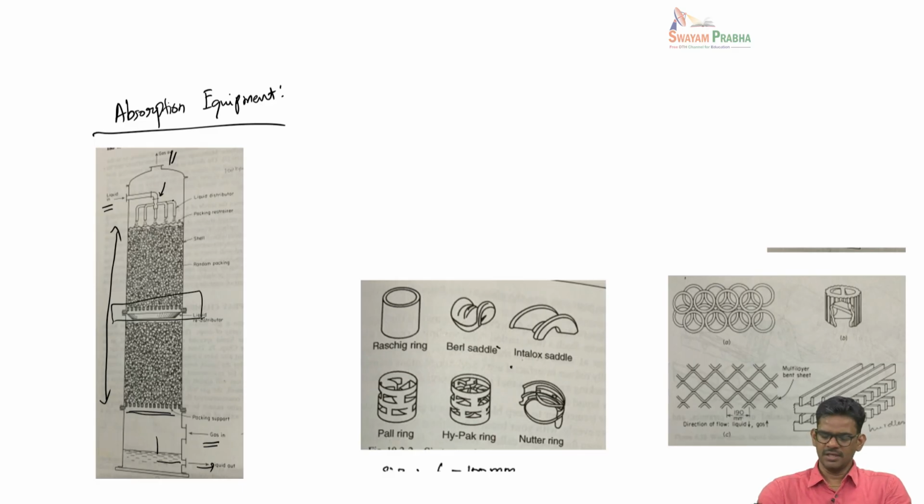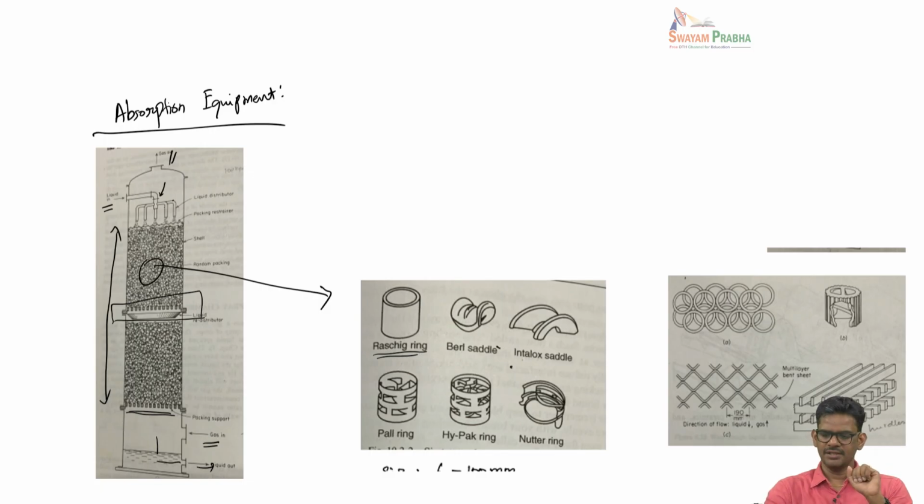If you look at the packing material itself, there are different kinds of packing used in industry. We have something as simple as a Raschig ring. A Raschig ring is nothing but a hollow cylinder. The size can be between 6 millimeters to hundreds of millimeters.